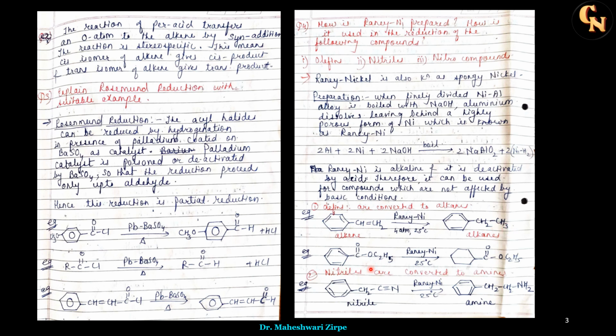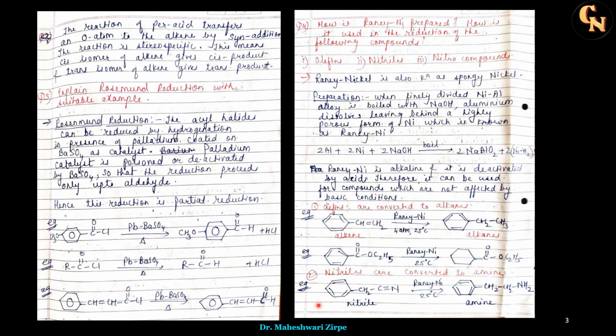Similarly, let us see the next example where you will find an ester, and the ester is reduced using Raney nickel, and the aromatic ring was there. The aromatic ring has been converted into a cyclic hydrocarbon. So the aromatic ring has been reduced.